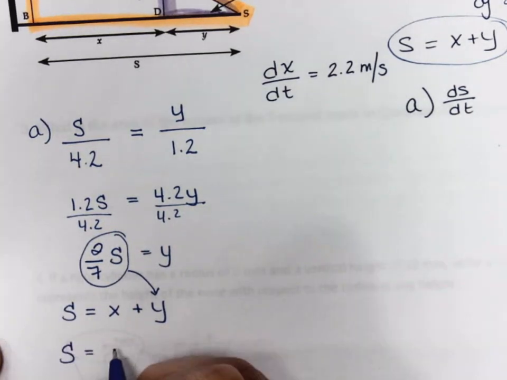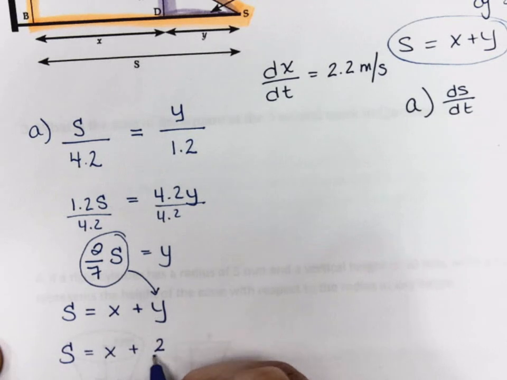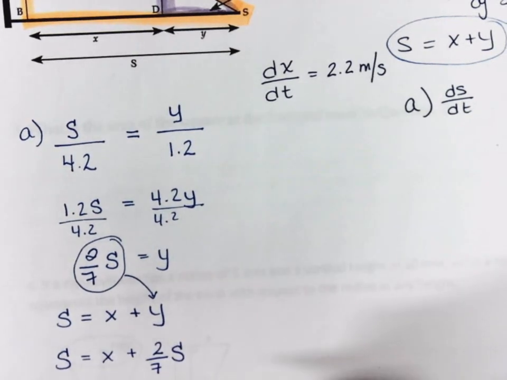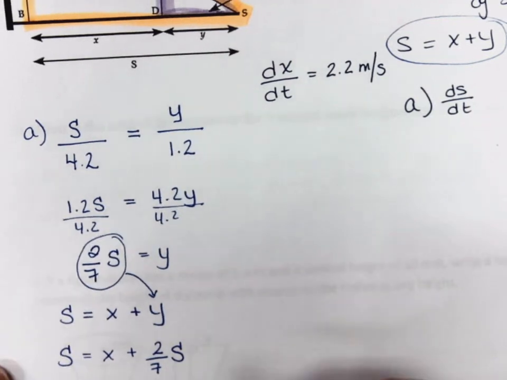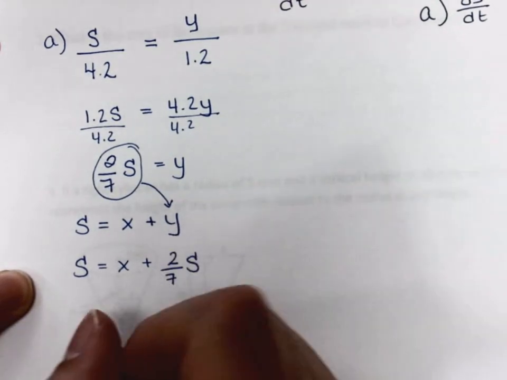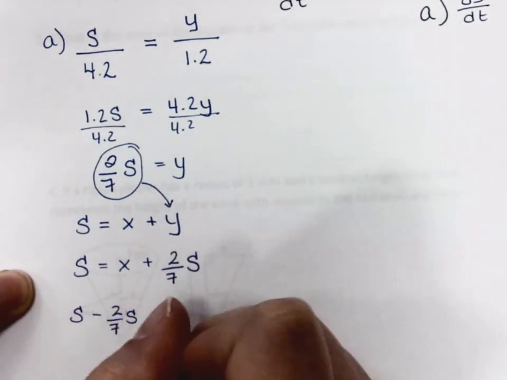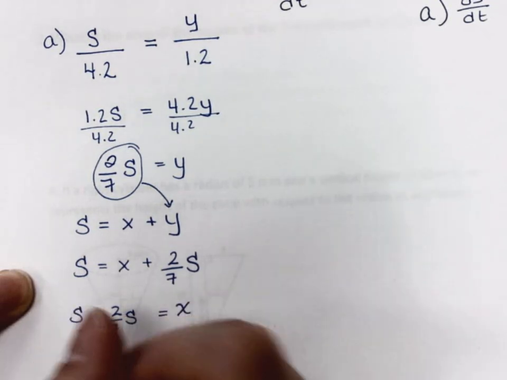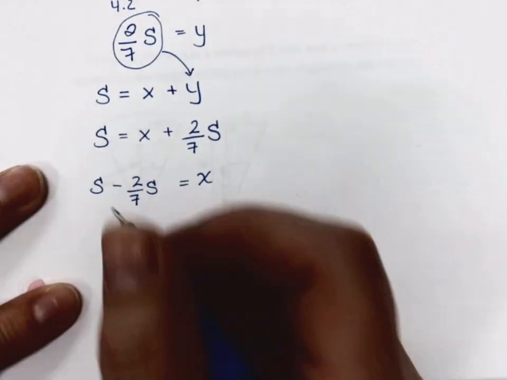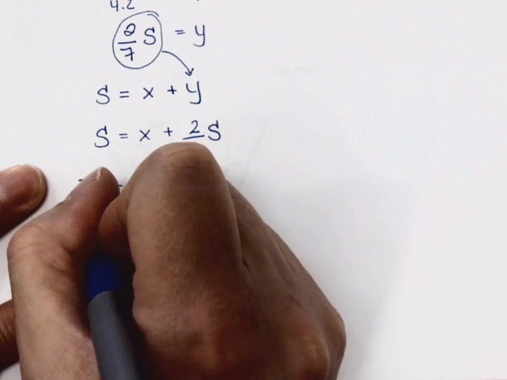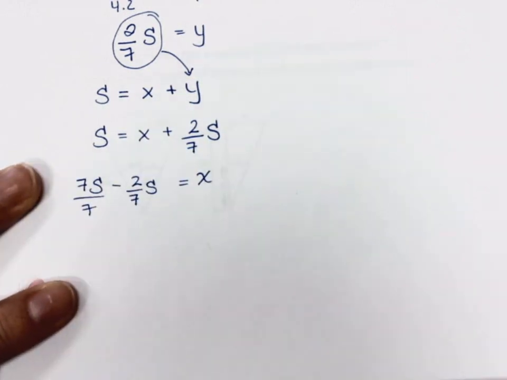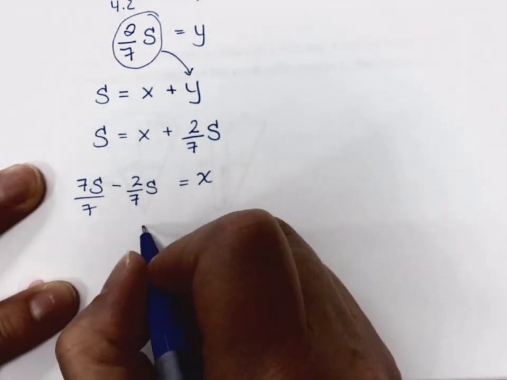So we're going to have s is equal to x plus 2 over 7s. So then we just solve for x? Solve for x. And that's a 1 on the s, so is everybody okay if I change it into a fraction of 7 over 7, just so I can do some quick math?